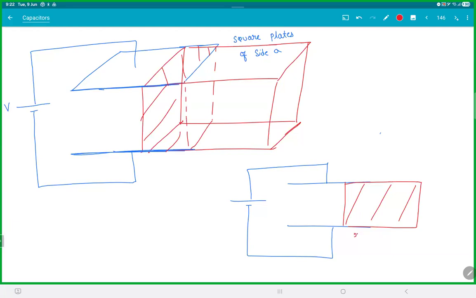So this part is X inside. So let the dielectric slab be X inside. It just fits inside, so we are assuming there is not much space.